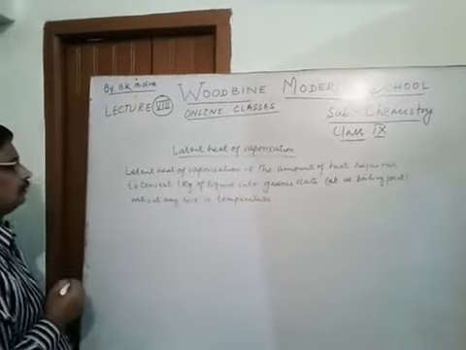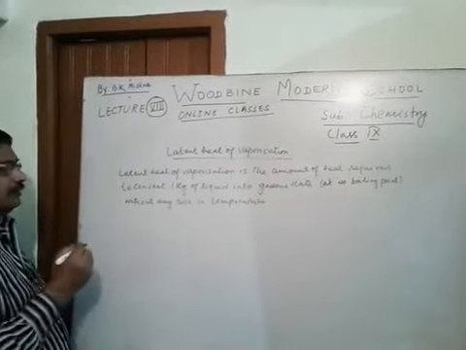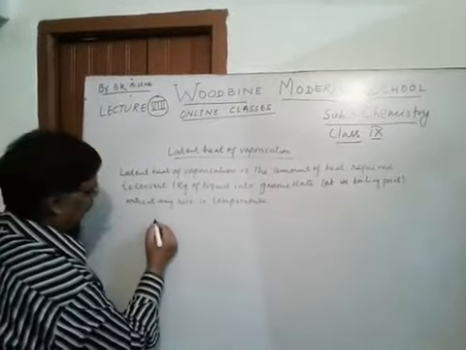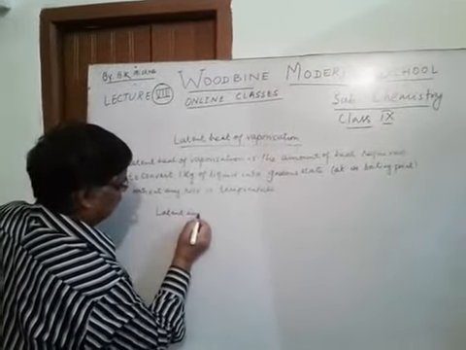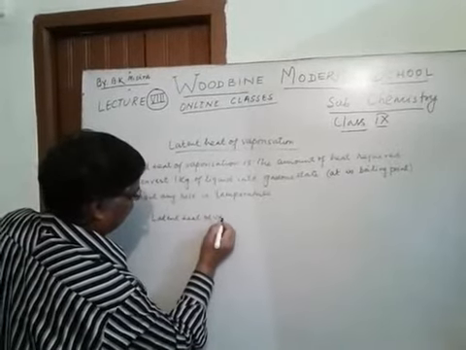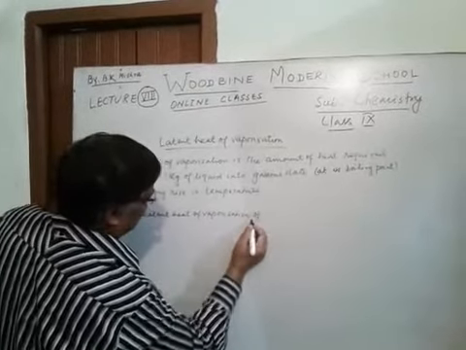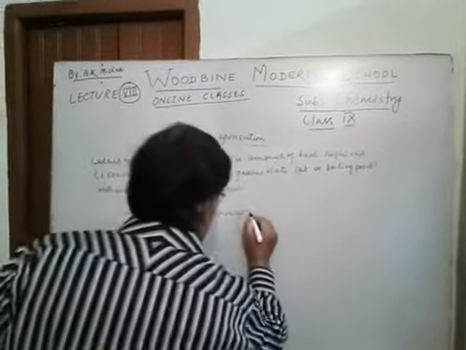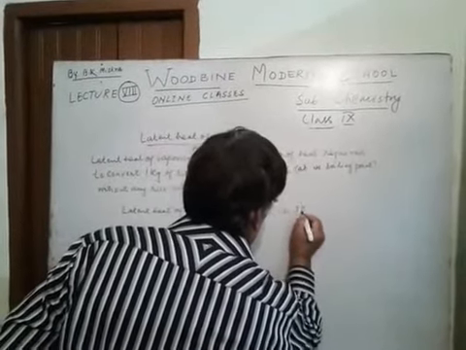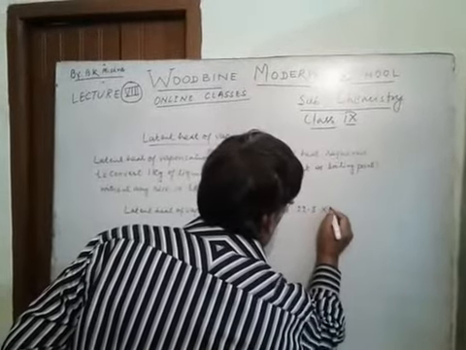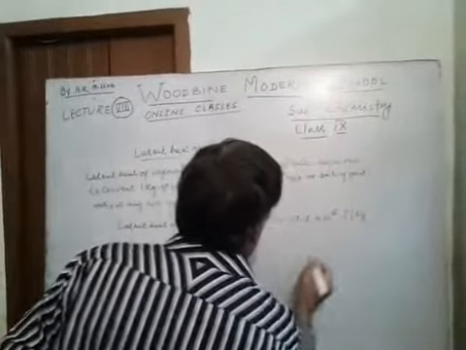Now what is the latent heat of vaporization for water? Latent heat of vaporization of water is 22.5 cross 10 to the power 5 joules per kg.